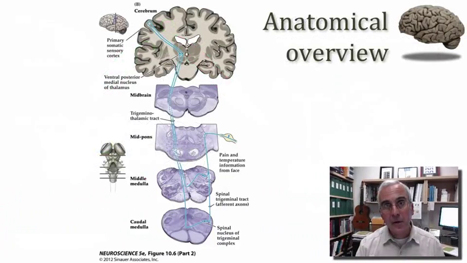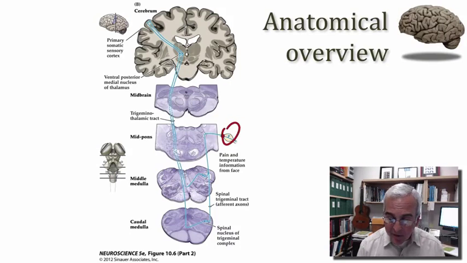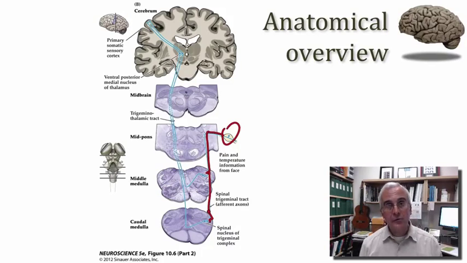So we're talking about the nociceptive division of the trigeminal nerve and its branches, and these axons are derived from ganglion cells that send a central process through the trigeminal nerve, which then descends and forms the spinal trigeminal tract.